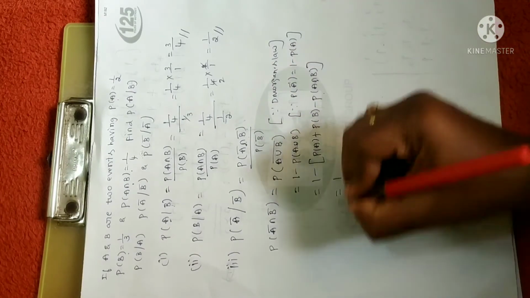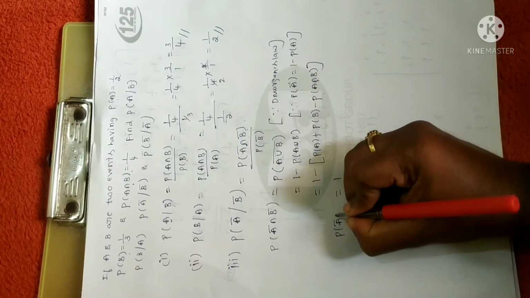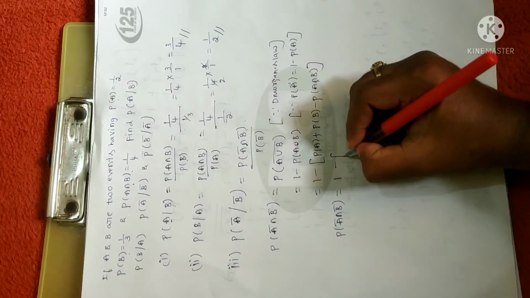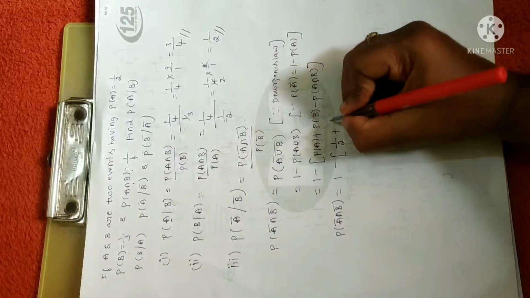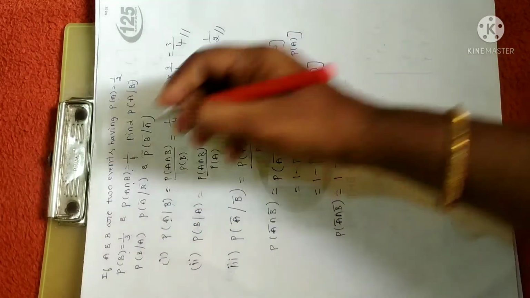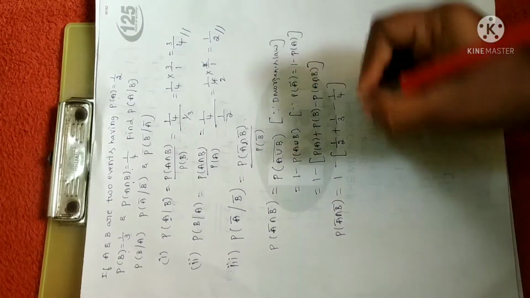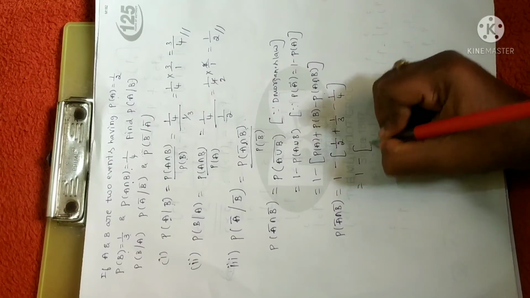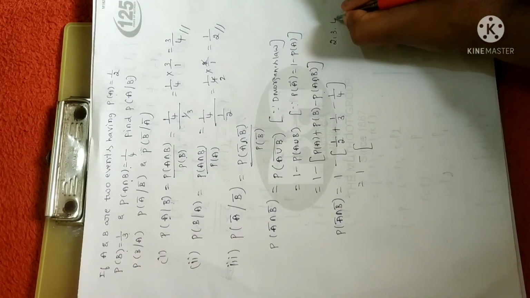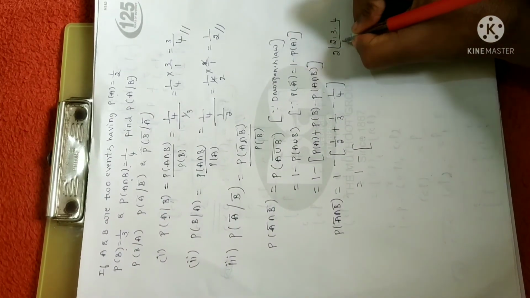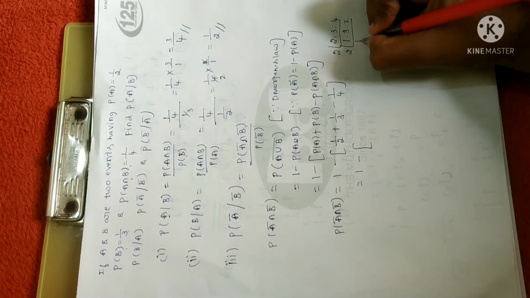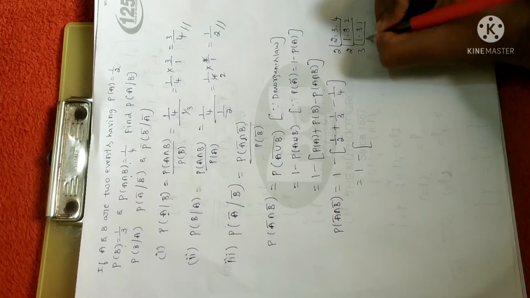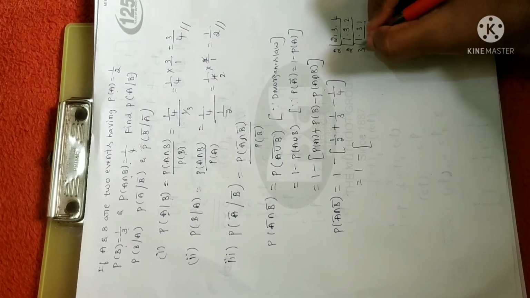Fine. Now you can find probability of A bar intersection B bar. So 1 minus, probability of A is 1 by 2, plus probability of B is 1 by 3, minus probability of A intersection B is 1 by 4. So let me simplify. 1 minus LCM of 2, 3, 4. 2 twos are 4, 4 threes are 12.